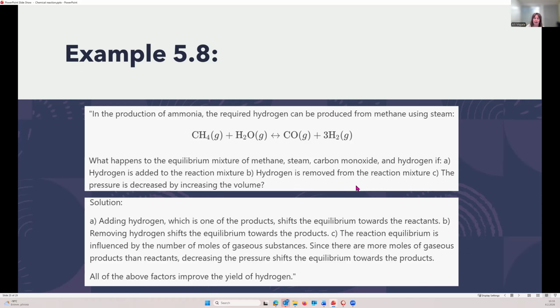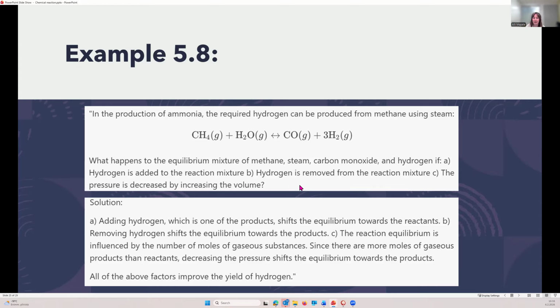So if the pressure is decreased by increasing the volume, and here you have the moles of the gaseous substances. Here you have 2, and here you have 4 in total. These take more space.